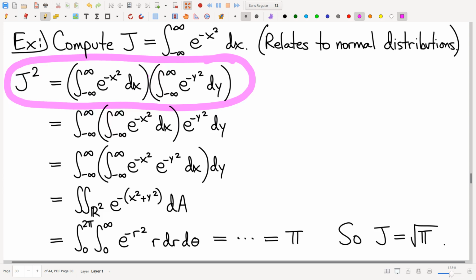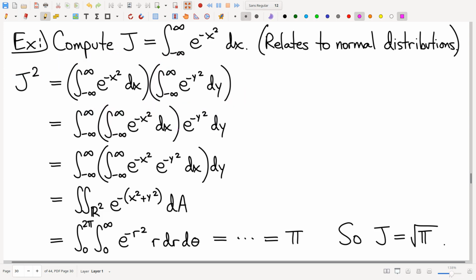So we have J squared. How am I going to compute this product? Okay, a couple of really clever moves. Please, again, don't ask yourself if you would have thought of this on your own. That's too high of a bar. I certainly would not have. First observation, though. Let's think about this dy integral.